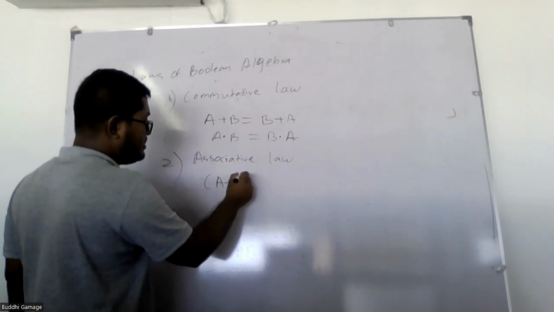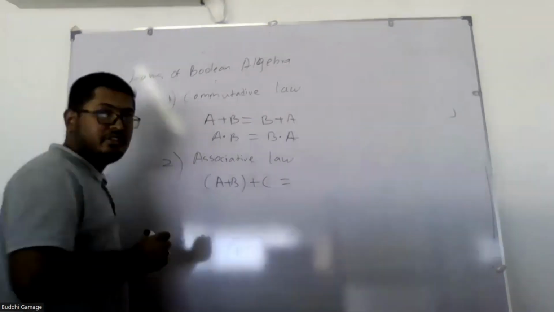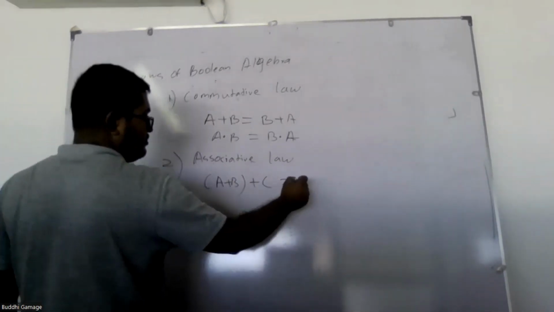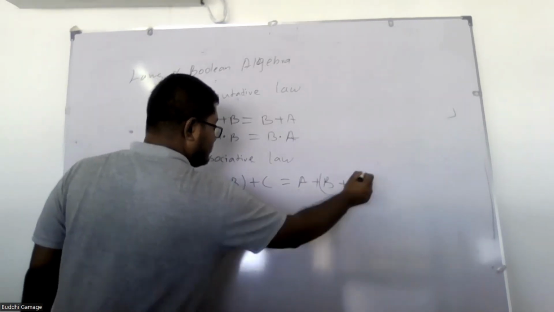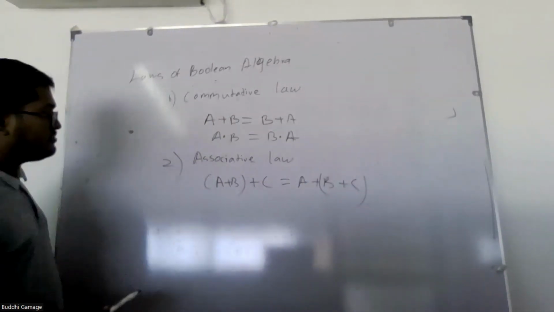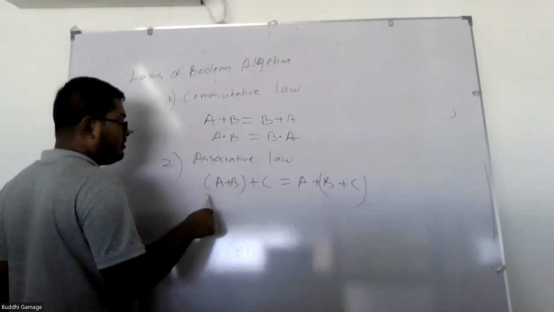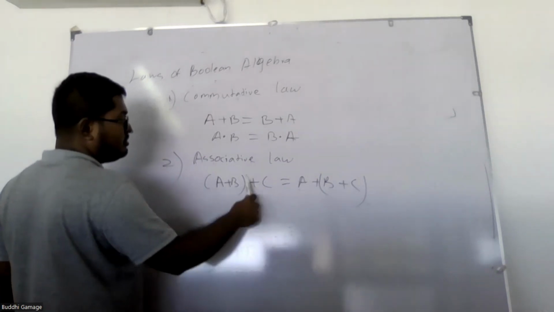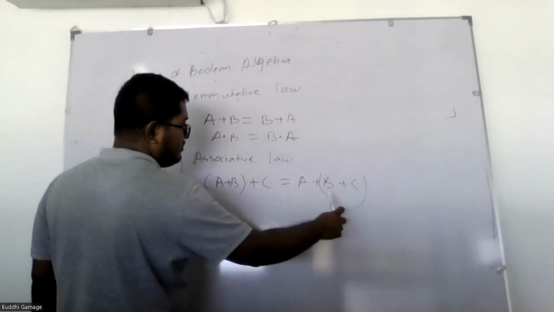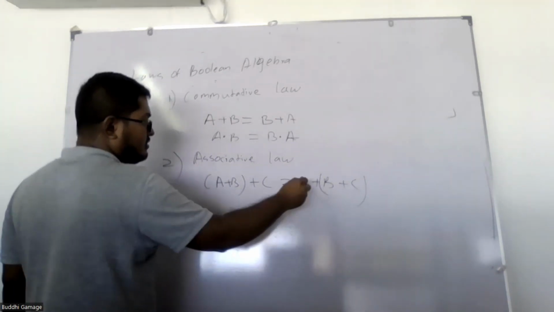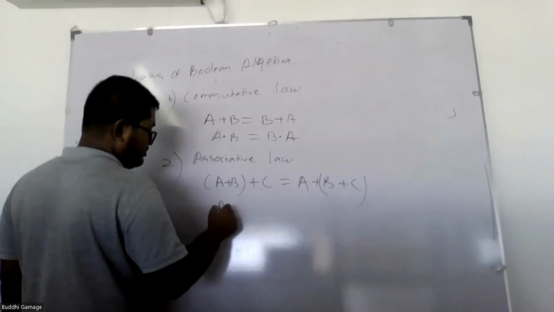A plus B, plus C, is equivalent to A plus B plus C. That means we can do the first part first, or we can do the last part first, and the results will be equal.